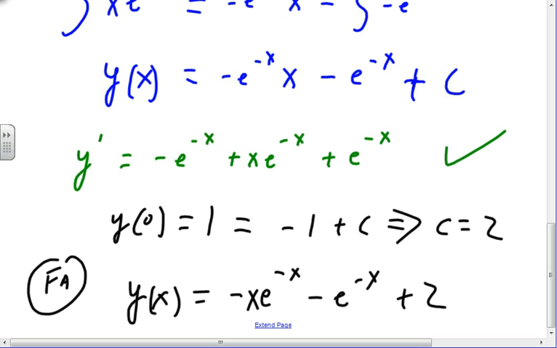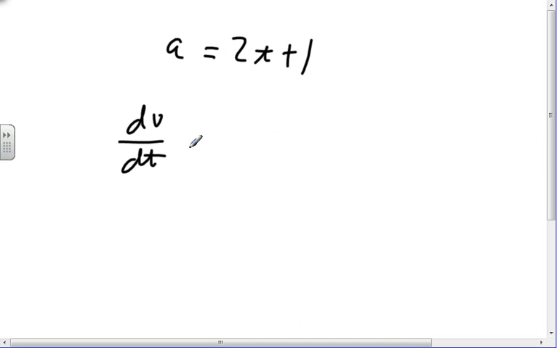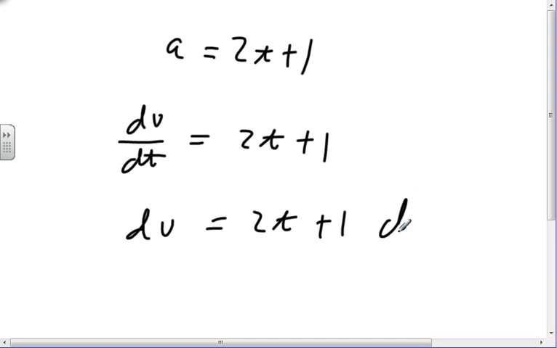Okay, so we're going to do 14 next. Acceleration is 2t plus 1. And all we want to do is find the function x of t. So dv/dt is 2t plus 1. dv is 2t plus 1 dt.